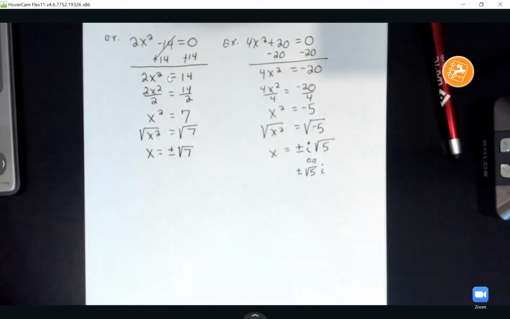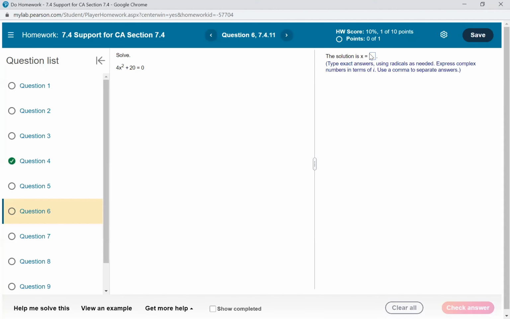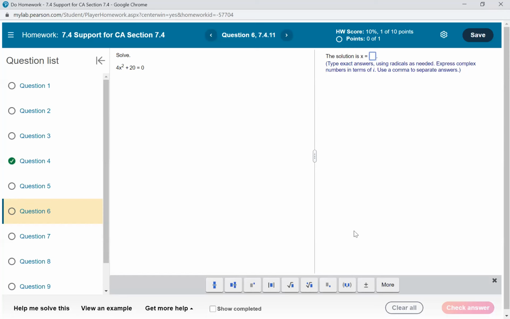I'll show you. You can do it, but they all have to be plus or minus. So plus or minus, square root, put in the 5, but get the i out of there before you put that in. Or you can put the i in front. That way it's not under the radical. So watch what happens. Watch what happens if I put the i underneath.